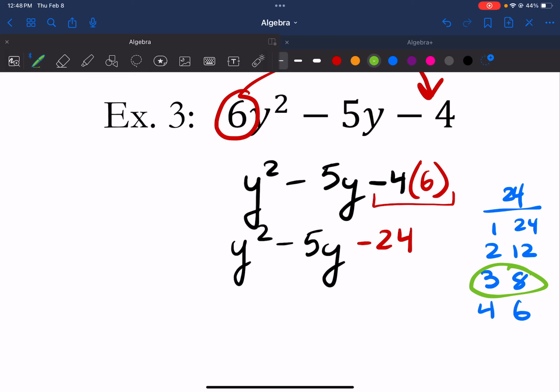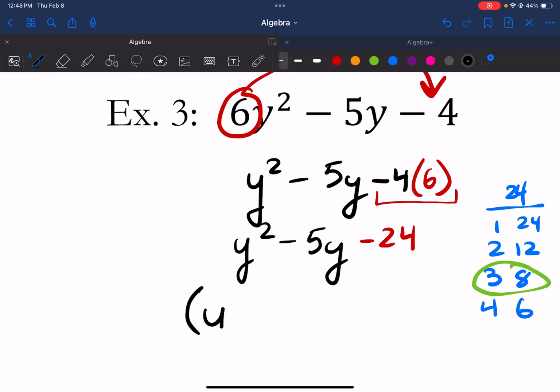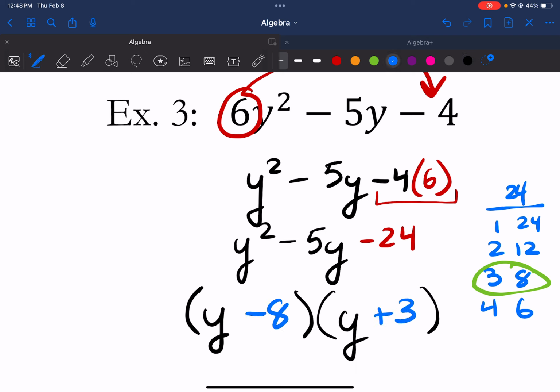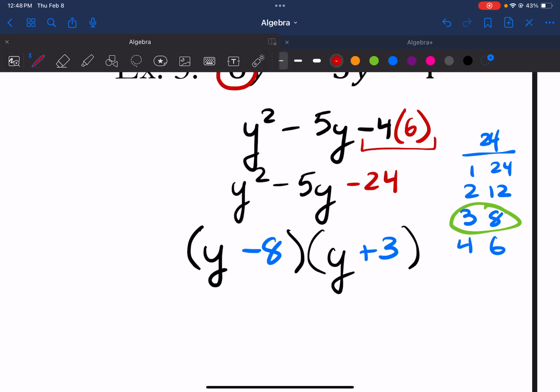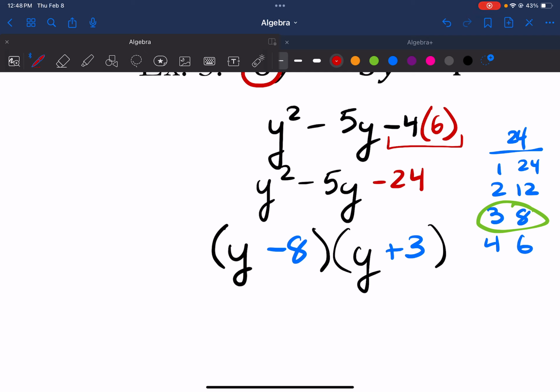So now I set up my binomials just like I would for a type 1 trinomial. I have a y, I have a y. I'm going to do a negative 8 and a positive 3, because negative 8 times 3 gives me a negative 24, and negative 8 plus 3 gives me a negative 5. Now here's the part that most people forget to do. You need to slide. The 6 that we brought over from before, we need to put that back and divide by 6.